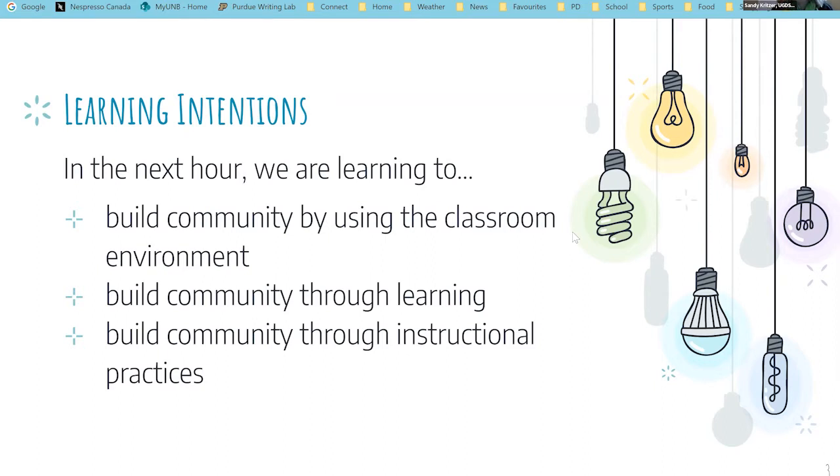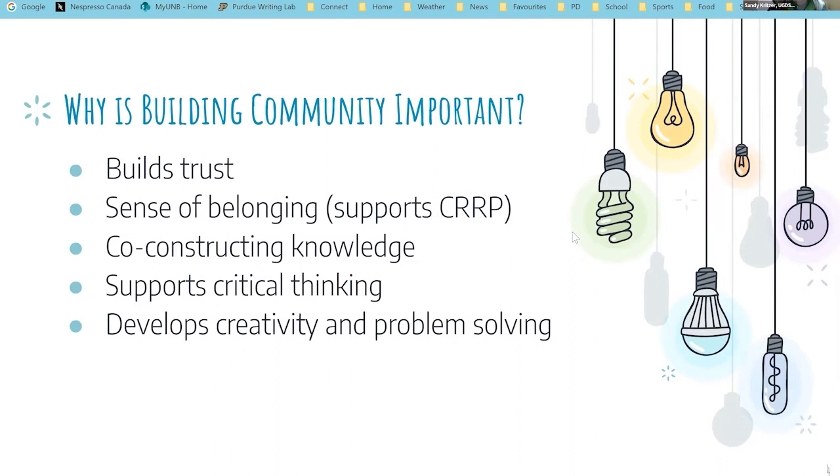We were excited because we love talking about building community connections and doing all this interactive work. So we're going to be talking about doing this within the environment of the classroom, as well as through what you're doing in terms of the learning and the instructional practices. We're hoping that we show lots of examples for how to do this work.